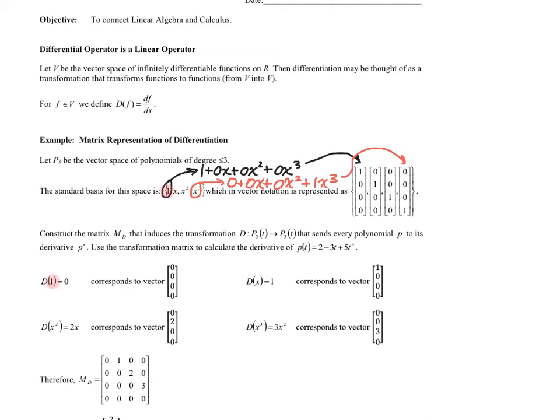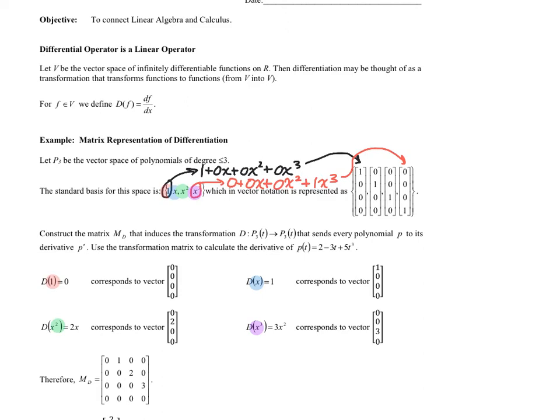The derivative of 1 is equal to 0. The derivative of x is equal to 1. The derivative of x squared is equal to 2x. And the derivative of x cubed is equal to 3x squared. So that defines the space related to the first derivative.